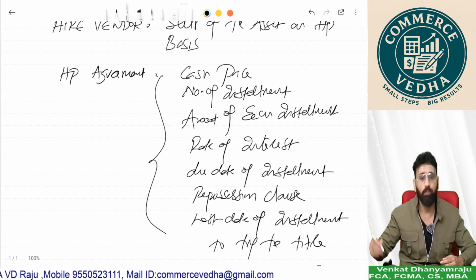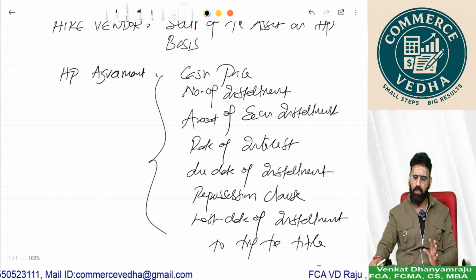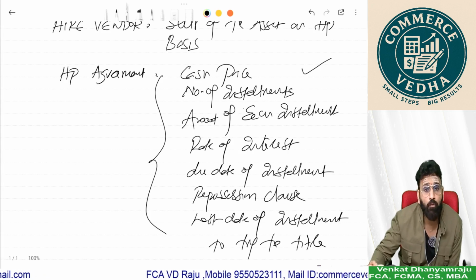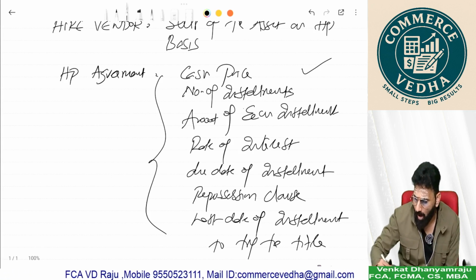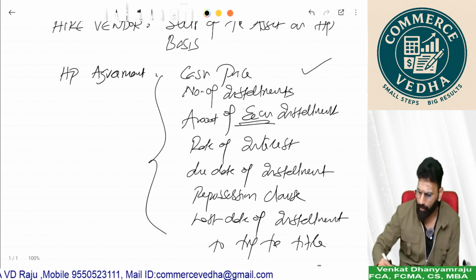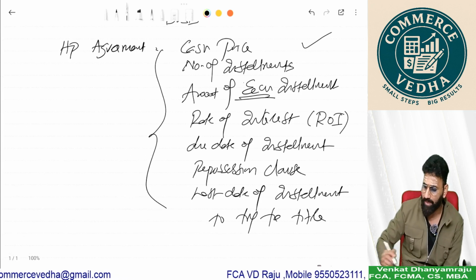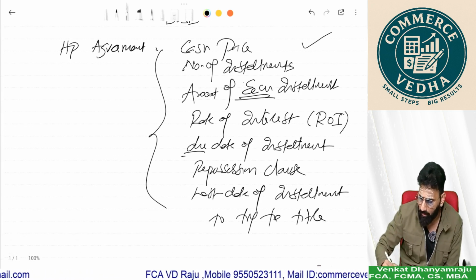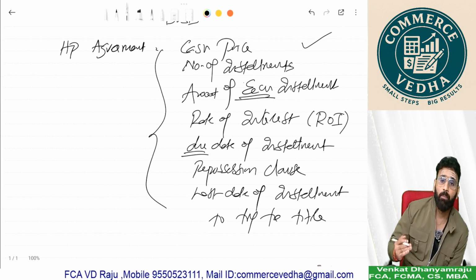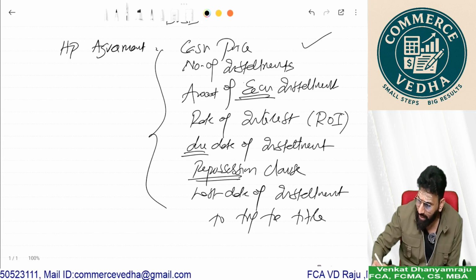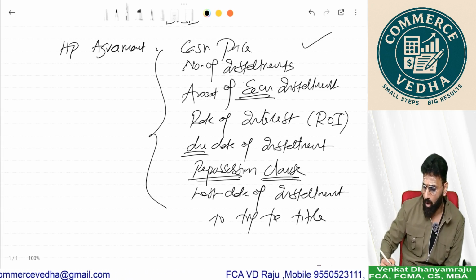So many other clauses, but in accountancy we need these things. What is the cash price? How many number of installments? Amount of each installment, rate of interest called as ROI, date of installment like due date, what is the date installment should be paid, and when it can be repossessed, how to calculate.